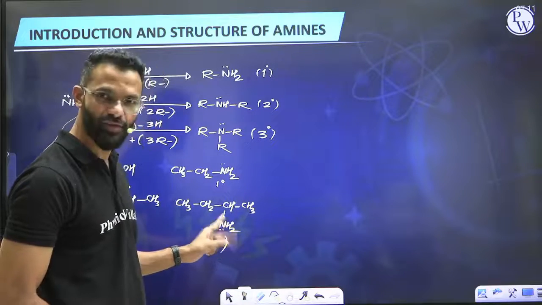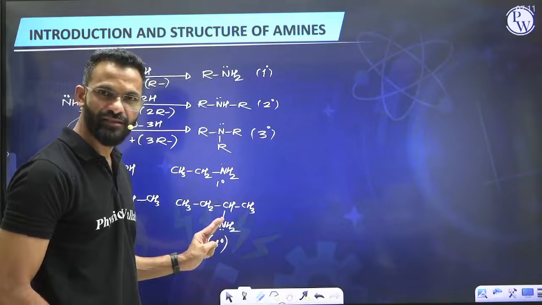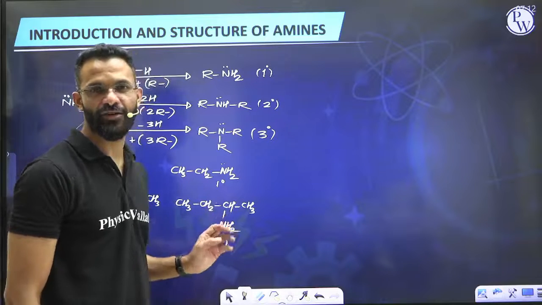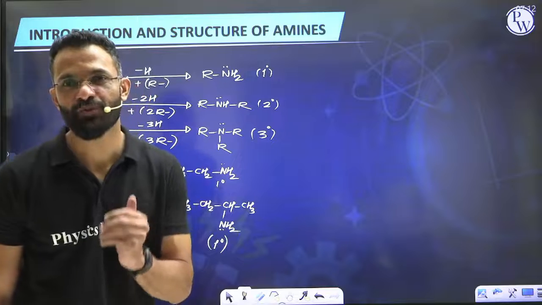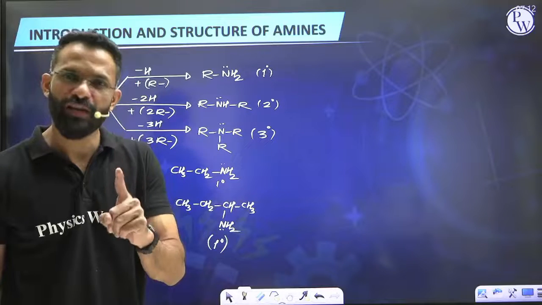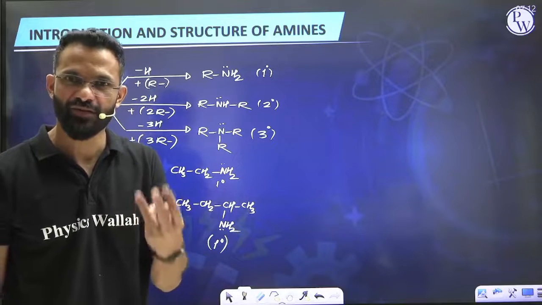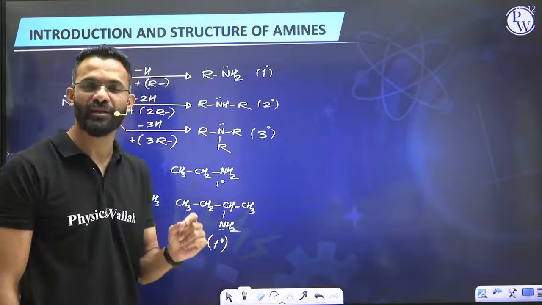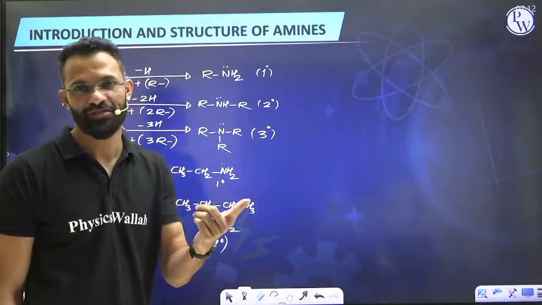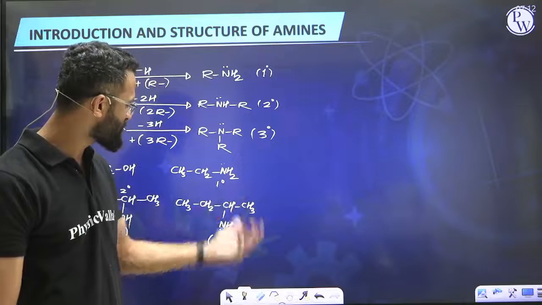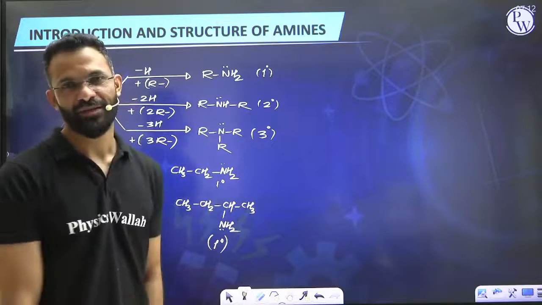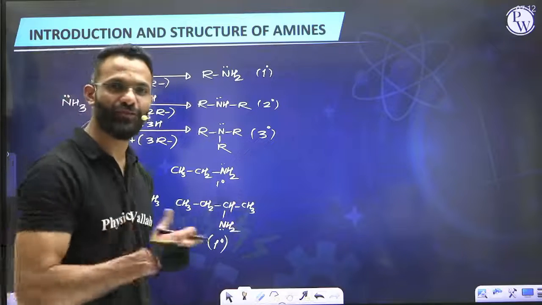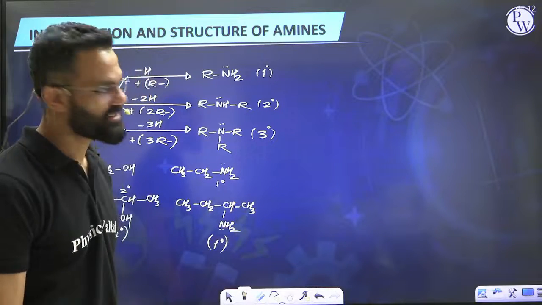How many H's do you see? 2 H's, which means, considering this as a derivative of ammonia, how many H's seem to be replaced by an alkyl group? Only one, because ammonia is NH3, which has 3 H's. I still see 2 H's, meaning one seems to be replaced. Because one is replaced, we call it a primary amine. The moment you see NH2, it is always going to be a primary amine. So sometimes this could be a point of confusion. I want you to have clarity on that.